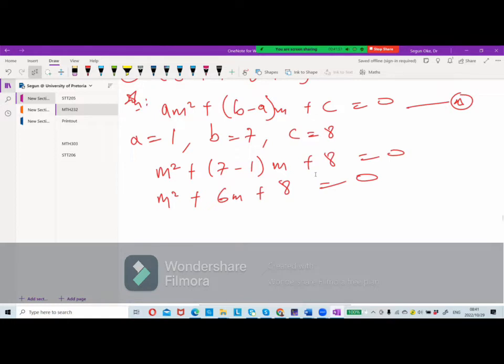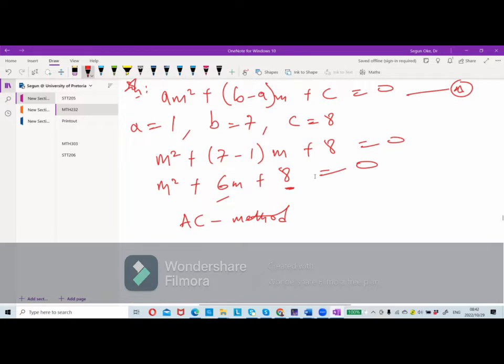Now, we have something we call the AC method that you can be using. AC method means we need two numbers that multiply to give us this, and when we add them together, they will give us 6.